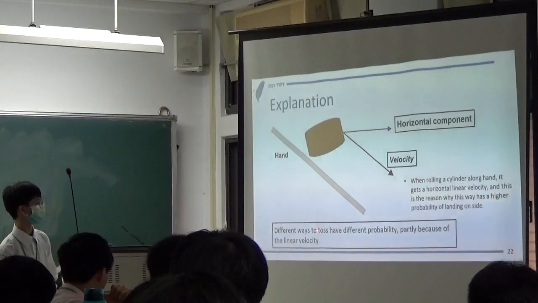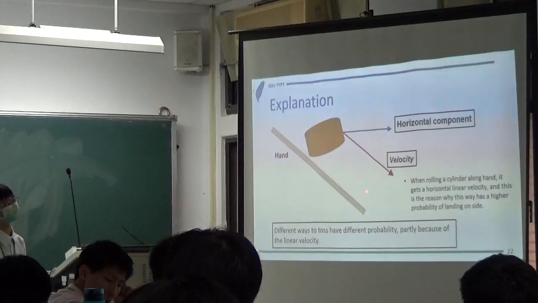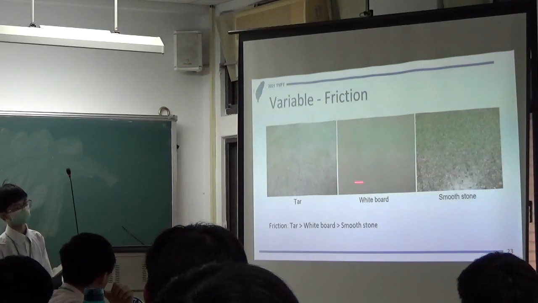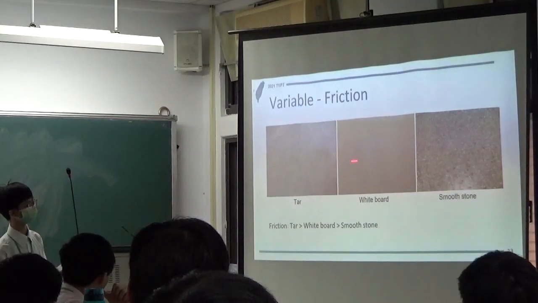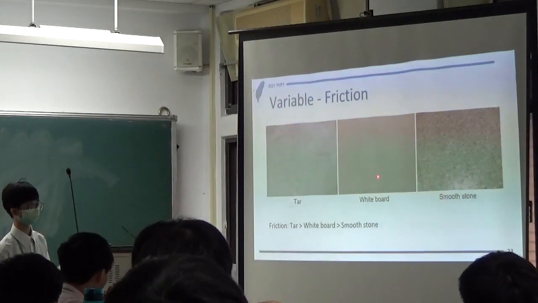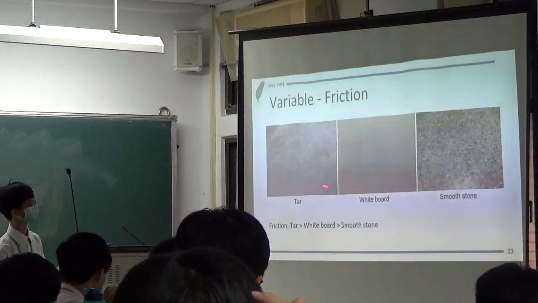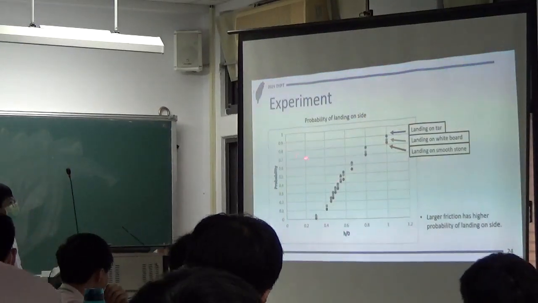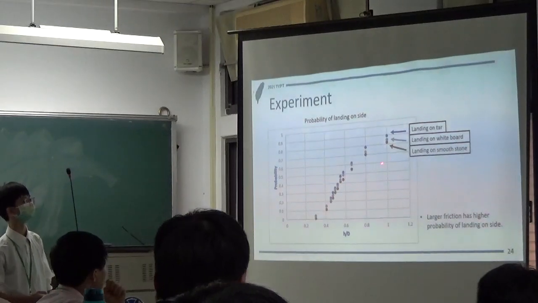So the possibility also will be affected. And we conducted the experiment to prove the effect of friction. So we use three materials of floor, and the experiment shows that friction does affect the possibility.